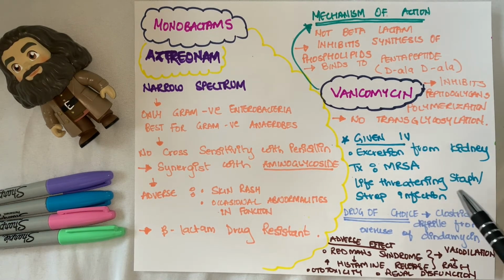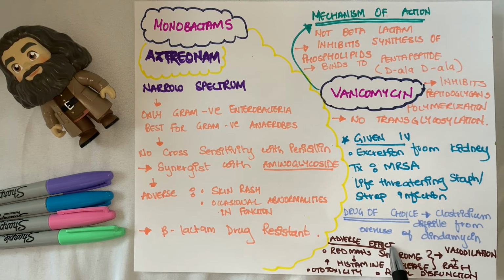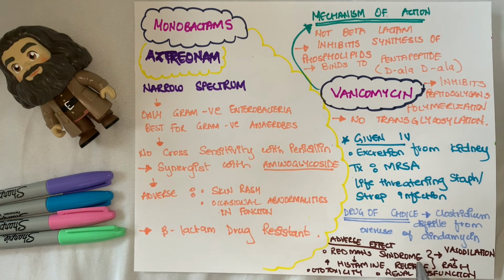Hey, you know what? Vancomycin may be a strong drug. It may be a drug of choice for even Clostridium difficile from overdose of clindamycin. It may even treat all of that, but remember, stronger the drug, stronger the side effects. There is something called red man's syndrome. See, when you take vancomycin, immediately you have an increase in histamine release.